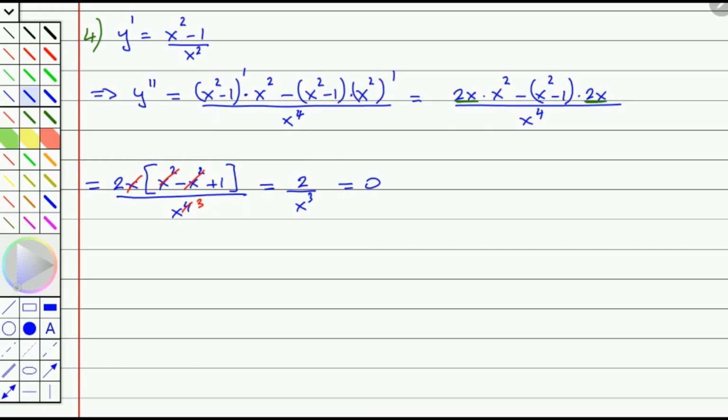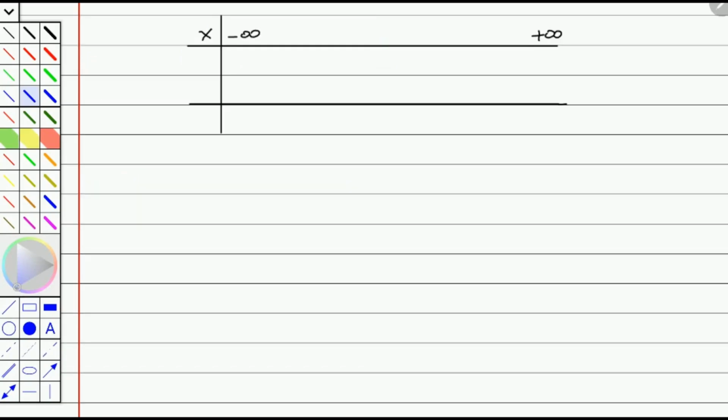So no roots of the numerator, so no inflection points, and also x cubed cannot be equal to 0, triple. So let's place 0 as a triple root and as a singularity. On the right hand side we will have a positive sign and a negative sign on the left of the triple root. Also let's say f double prime and f of x: concave down in this interval and concave up in this interval.